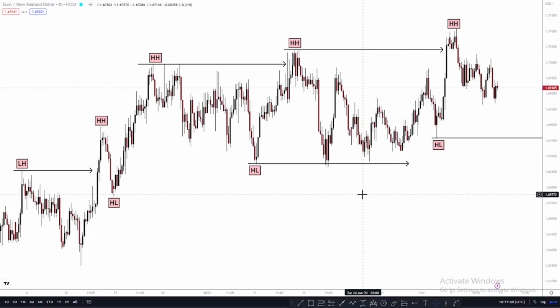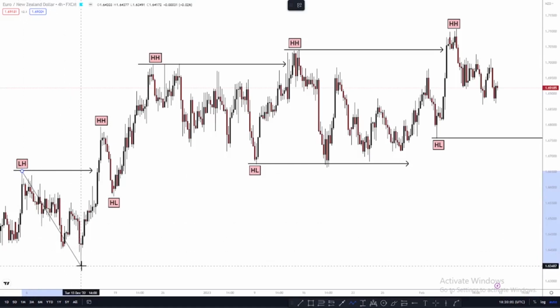All we need to do is identify our market structures. Alright, so let's start from here. At this point, we can see price created this lower high, which came back down to create a lower low. After this lower low was created, what did price do?